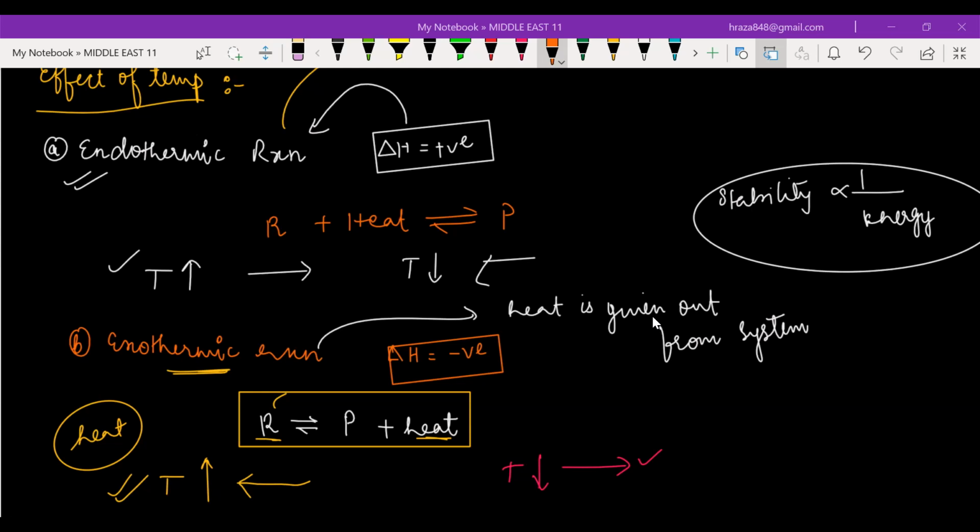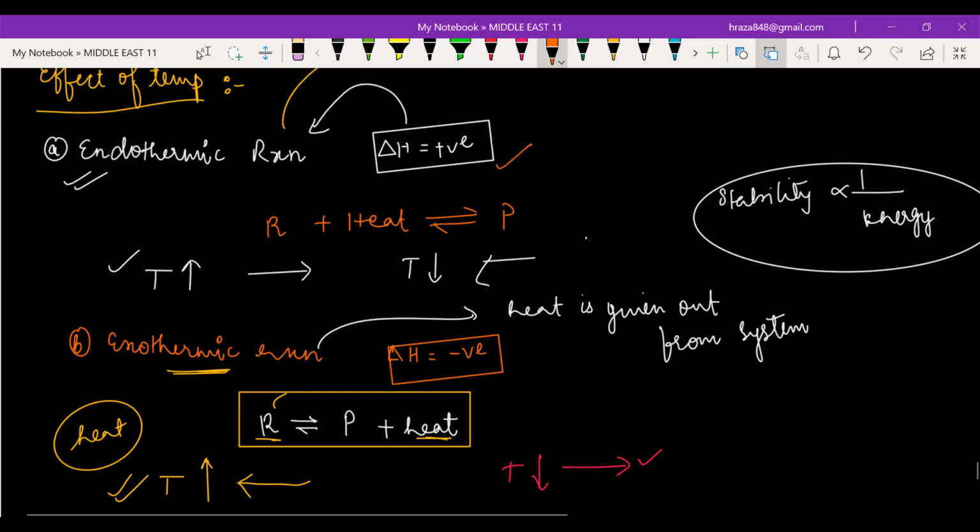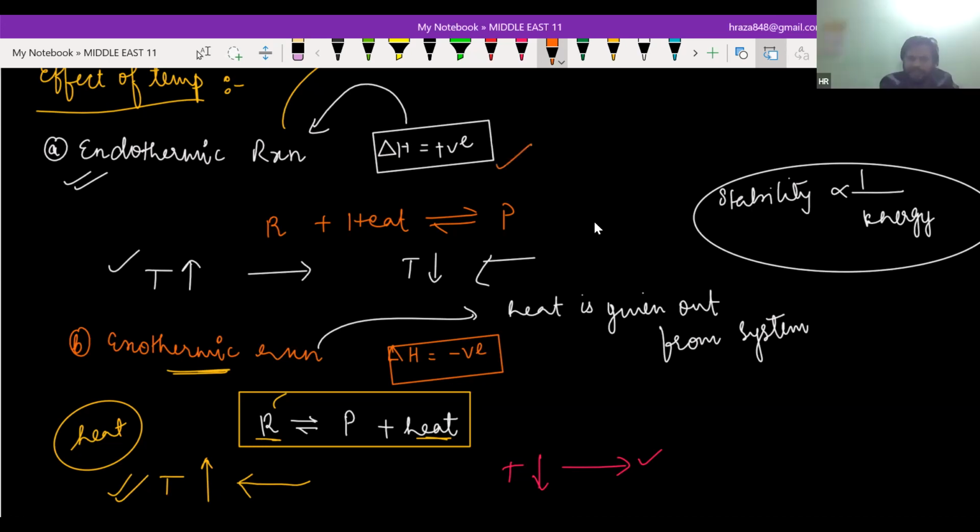Sir, will it be given whether the process is endothermic or exothermic, or should we know it? It will be given, or you will know about it. Maybe it is given that delta H is positive or delta H is negative. Always remember, whenever there is bond formation, that is an exothermic reaction.